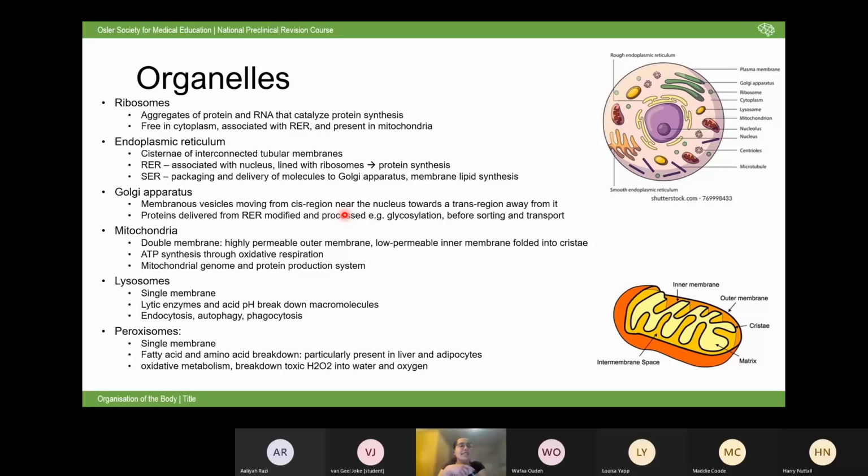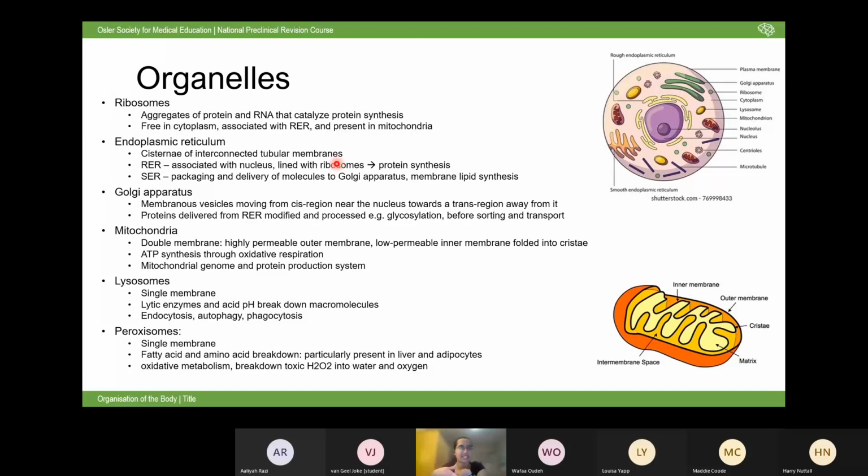And ribosomes can be free-floating in the cytoplasm, or they can be attached to the rough endoplasmic reticulum, which is what makes it look rough. And they're also found in mitochondria. So those are ribosomes. And then moving on to endoplasmic reticulum, these can be both rough and smooth. And so the rough is the bit that's attached to the nucleus, to the outer membrane.